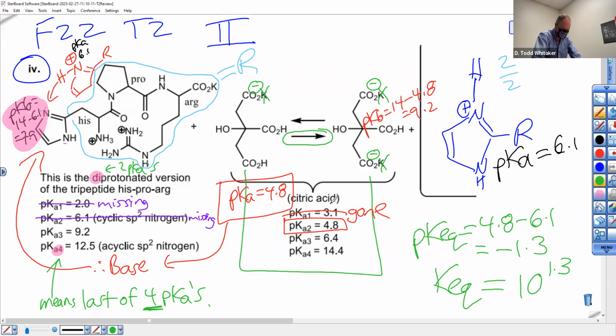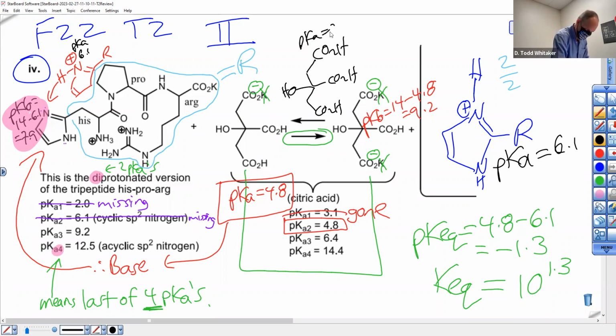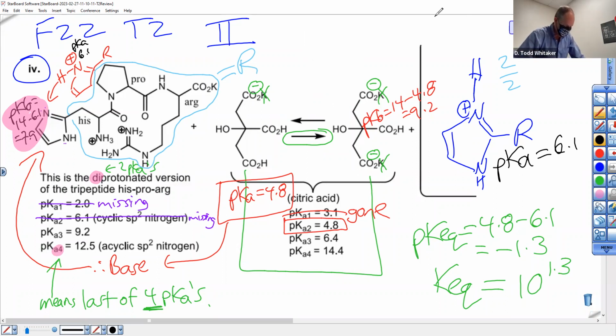So there's 3 H's. If this thing started with a real citric acid, this is the real citric acid, fully protonated. What's the pKa of that? pKa is 3.1. But that's not in this question, is it? And that's all.